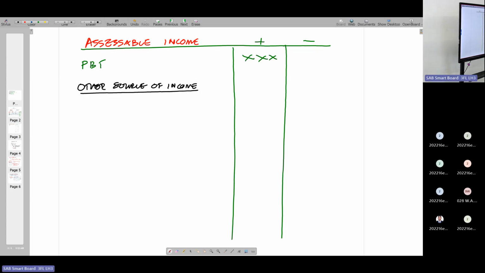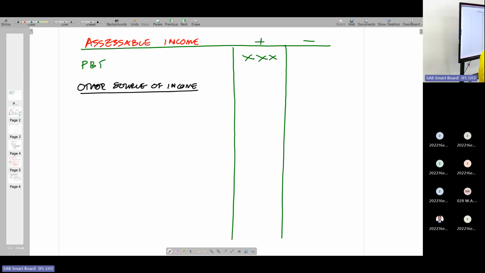For example, say I'm doing a manufacturing business and I have invested in the share market, so I'm getting dividends. Dividend is not part of my business profit, but it is in my financial statement. From the tax point of view, it is not part of business, so I have to take it out.